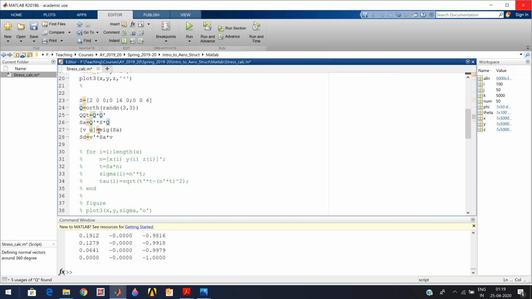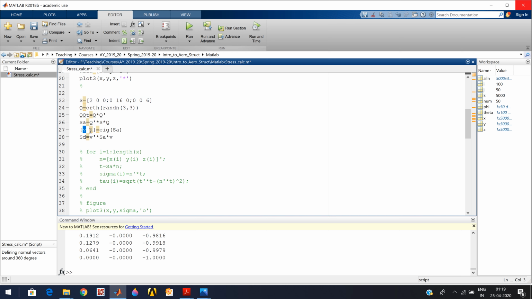And then we'll find the eigenvalues of that matrix or tensor, and we'll see that it will have eigenvalues, mostly 2, 16, 6. And from there, if I try to go back to our present S, the coordinate system we started with, then we can go back using the eigenvector matrix.